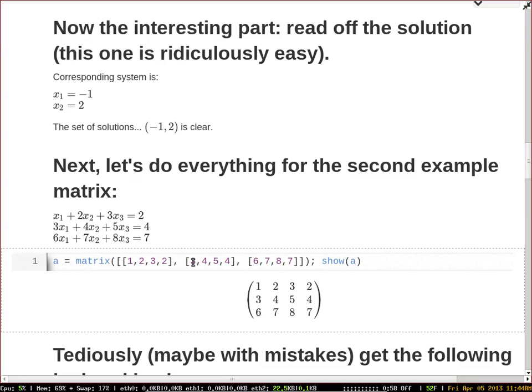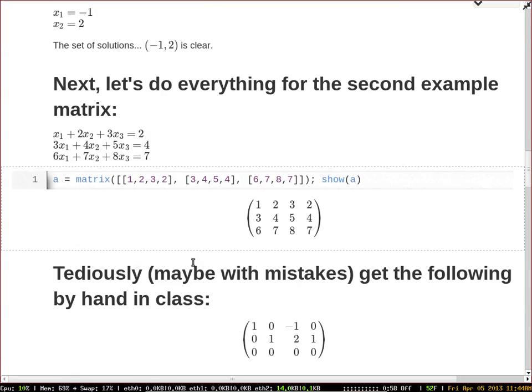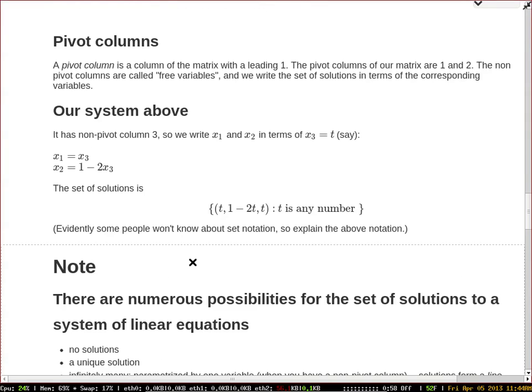So here again, you have infinitely many solutions. What you do is you write everything in terms of this x3. In general, the way it works is, I have a little slide about this, so I'll pull this up. Pivot columns. There are two different types of columns that you find in a matrix in reduced row echelon form.